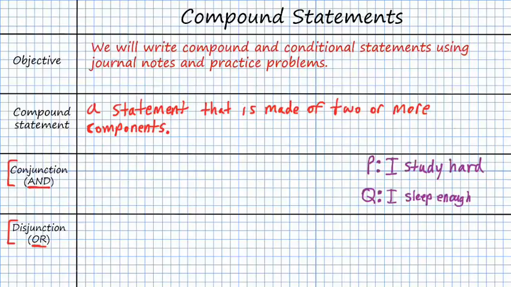So conjunction means and, and the way that I would write it is P and Q. So this would read as P and Q, or in the case of our examples over here, I study hard and I sleep enough.